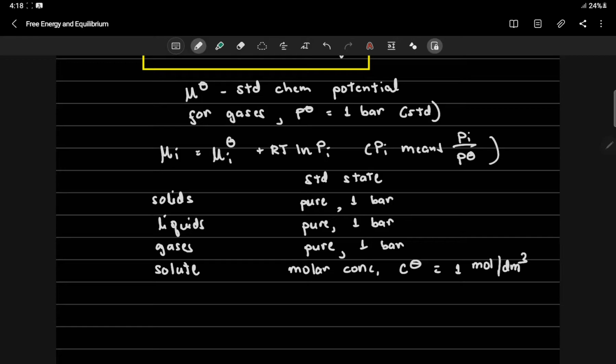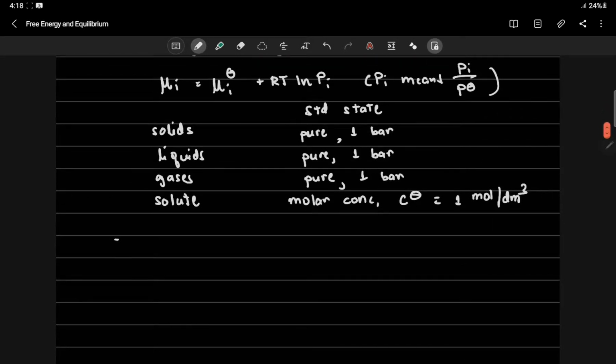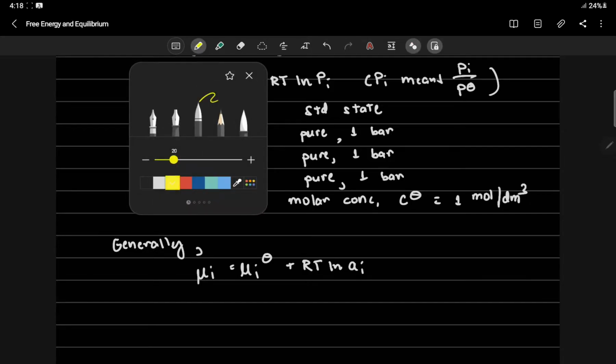Now, generally, how do we compute for the chemical potential? Okay, so mu I equals mu I naught plus RT ln of activity. So A here, let me just highlight this a bit.